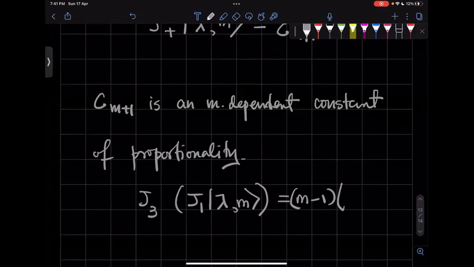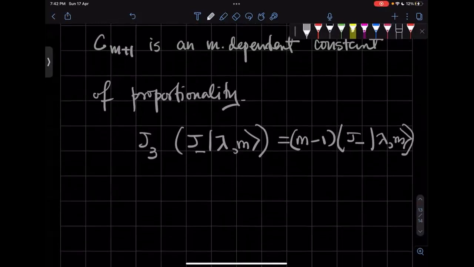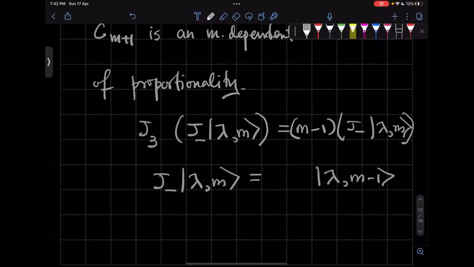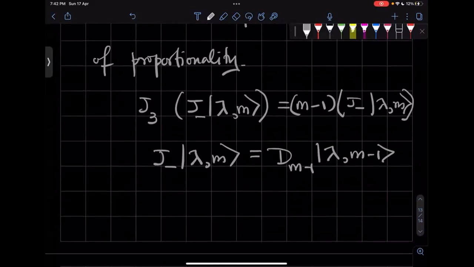Sorry, this should be a J minus, not J1. So this tells us that J minus |λ, m⟩ is proportional to |λ, m minus 1⟩, and we can call the proportionality constant D m minus 1. Any questions so far?